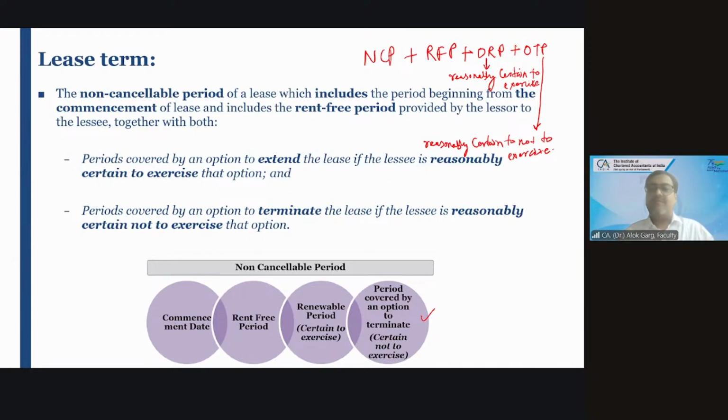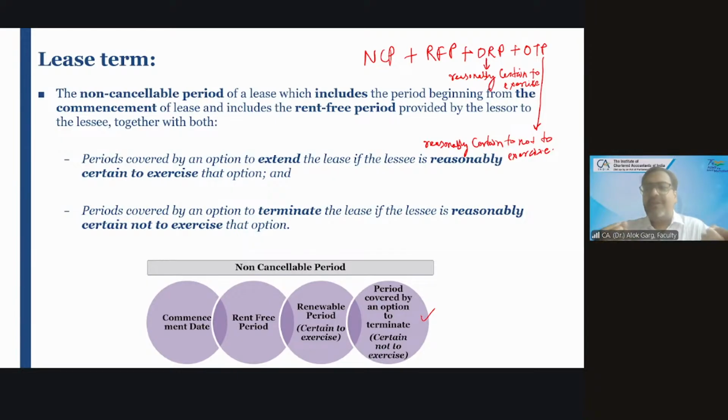So in this case, what will be the lease term? Would it be excluding the rent-free period, or including the rent-free period? Sanjay, tell me one thing. What is meant by rent-free period?